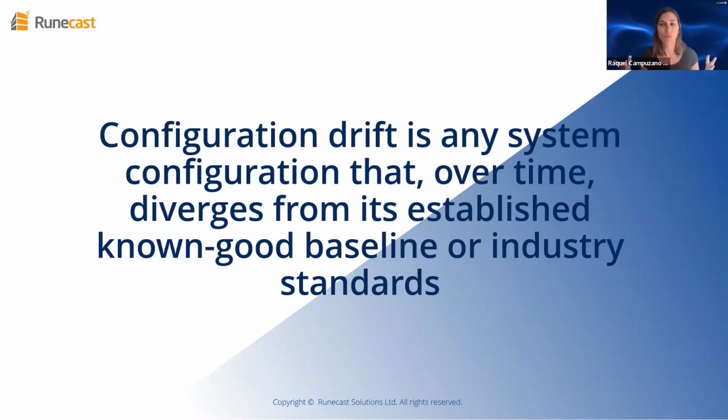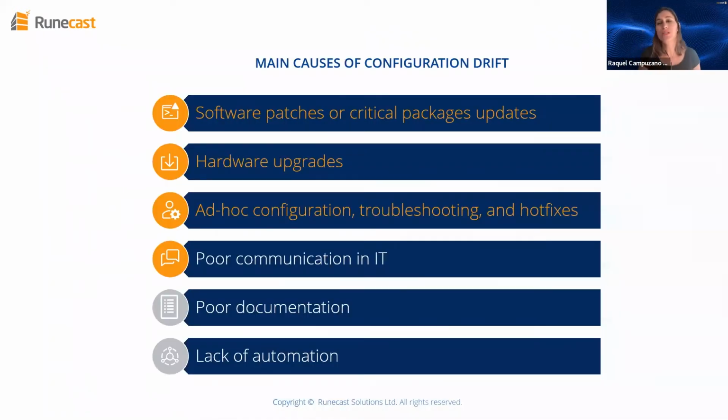Because it is totally normal to expect that over time an organization makes changes in both the infrastructure, the hardware, and the software to keep their systems updated and properly patched, or to adapt the system to the needs that different teams may have. Configuration drift occurs naturally when these changes are made ad hoc, for example, or have not been tracked or recorded in a comprehensive and systematic way.